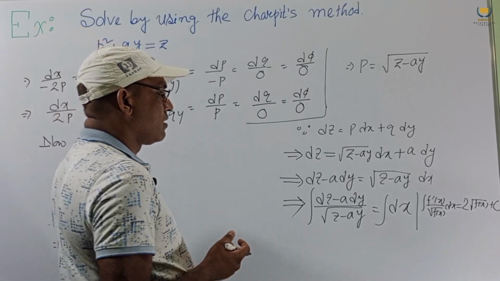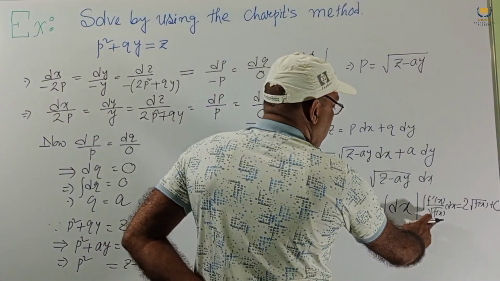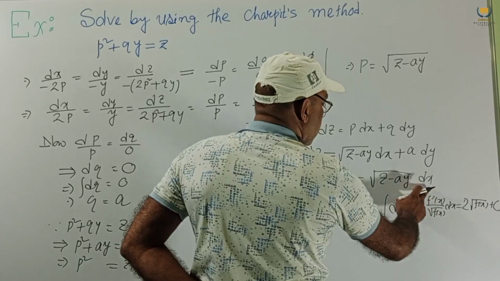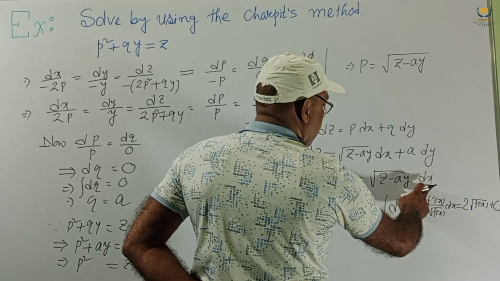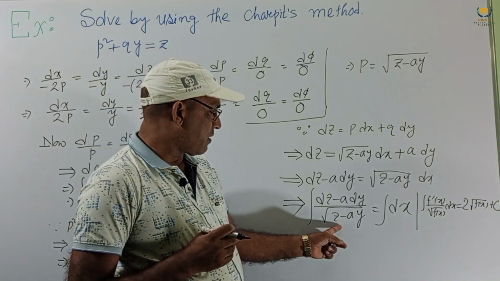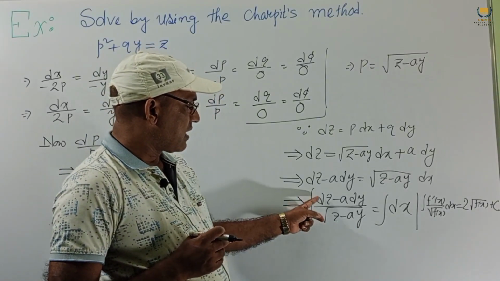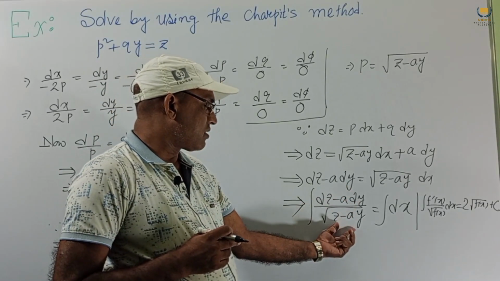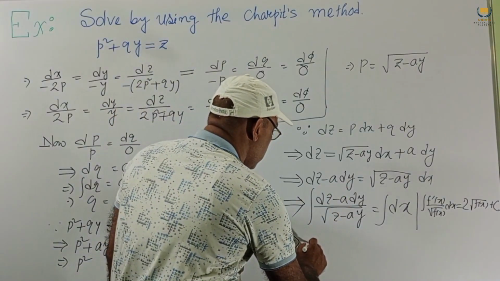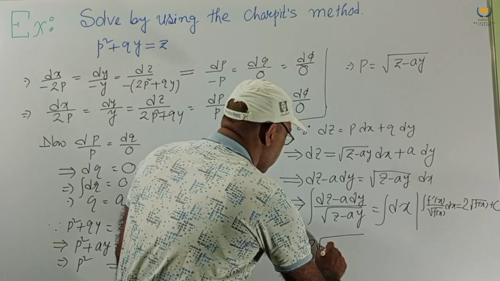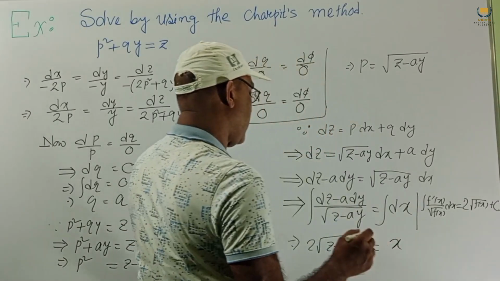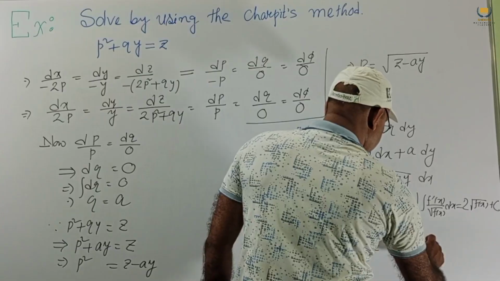We know this formula. Differentiation of the denominator fx gives f dash x. If we differentiate this, we get dz minus a dy in the numerator, so we get 2 times the denominator, and integration of dx means x plus b. We get this one.